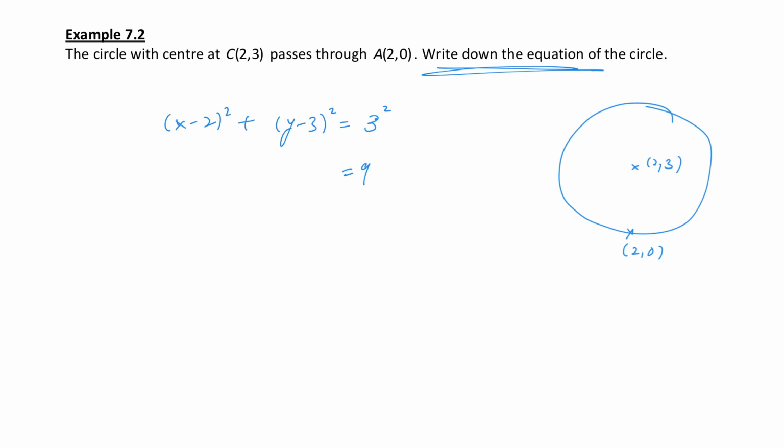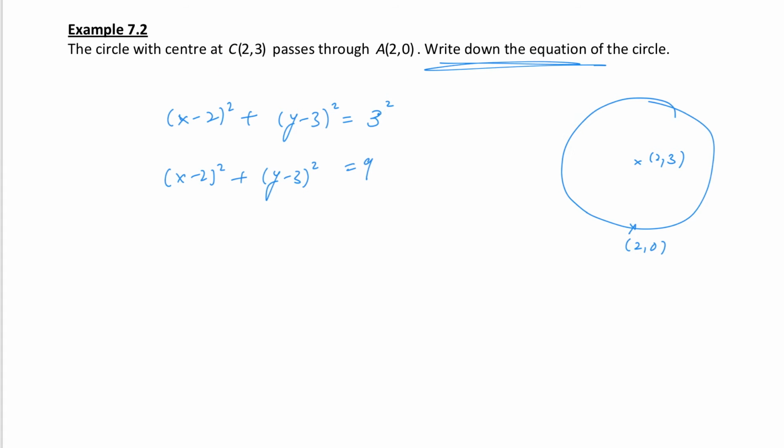Finish. Remember, if you want to find the equation of circle, just like the equation of straight line, you try your best to find one point and one slope. How about equation of circle? Find the coordinate of center and radius.